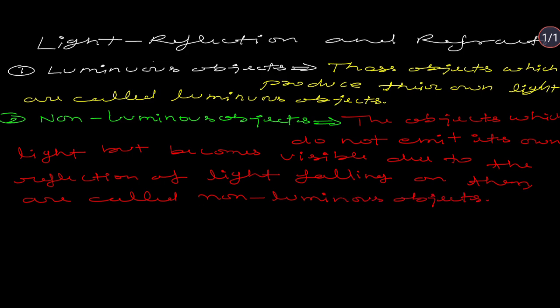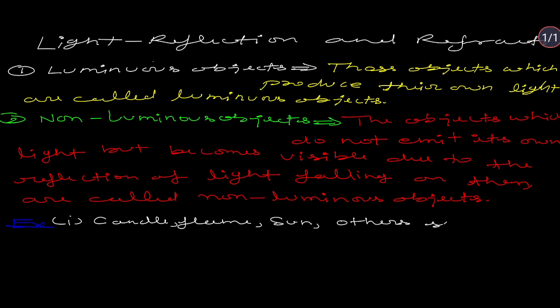Okay, then we get the examples of the luminous object. The first example is a candle flame. Second, the sun and other stars are also examples of luminous objects.